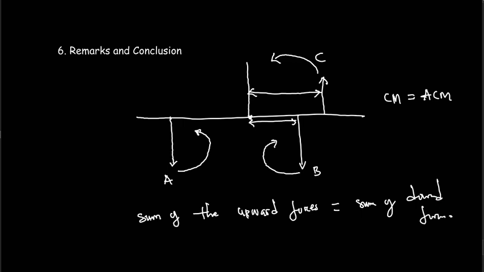So in this illustration, the upward forces are what? C. And the downward forces are what? A and B. They're acting downward. Only C is acting upward. So by that rule, we can say that force A plus force B has to be equal to what? Force C. This is just an example.